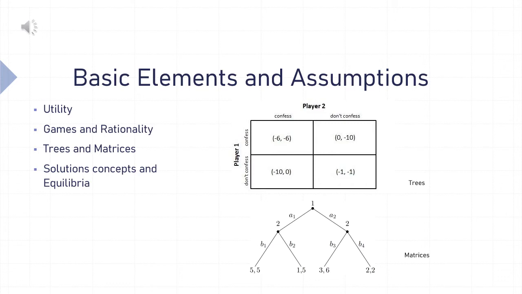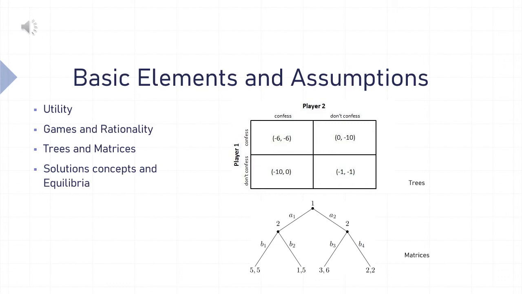Trees and matrices: the difference between games of perfect and imperfect information is related to a distinction between ways of representing games that is based on order of play. The moves in the games can be sequential or simultaneous. A game tree is an example of what mathematicians call a directed graph.